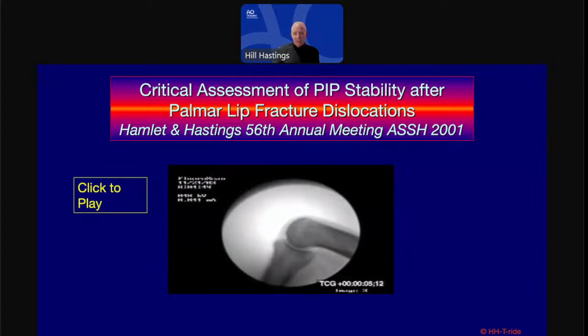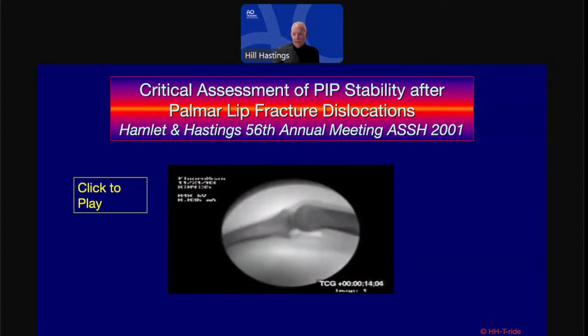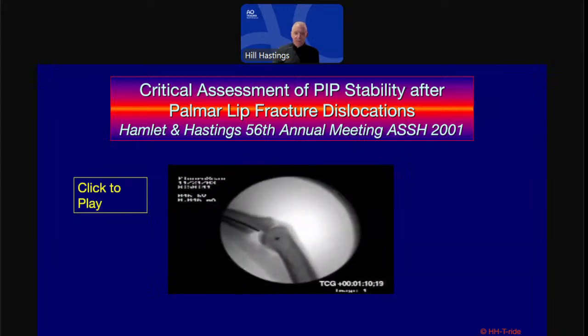And as Emil showed us, you can take a little divot away and it's totally stable. In fact, you can excise up to 30% and it's totally stable. Then you get up to 50 and it's stable as you extend it. But then as you flex the joint, it tends to cave in, as Emil emphasized, into this defect.